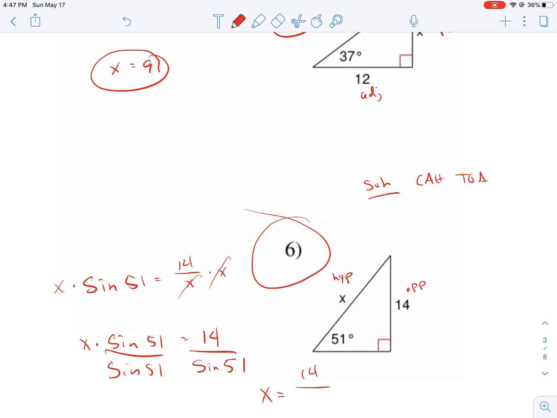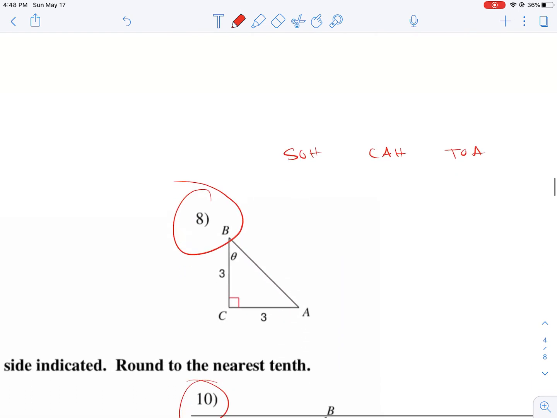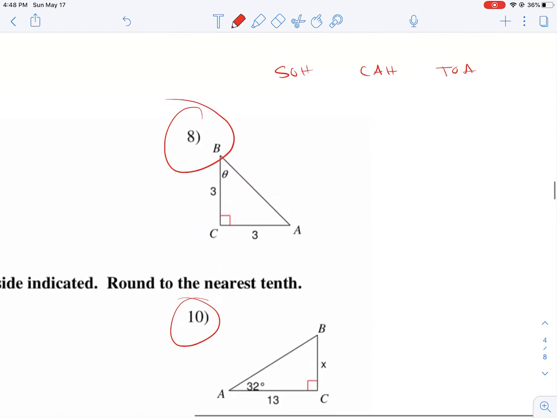X is equal to 14 divided by the sine of 51. Rounded to the nearest tenth, you're going to get 18.01, which is about 18. Okay, let's keep going. Number 8.